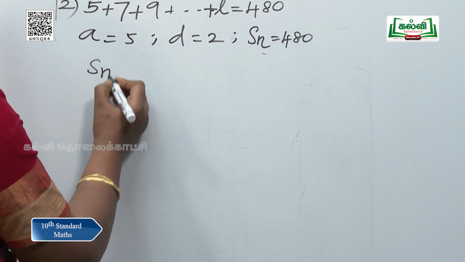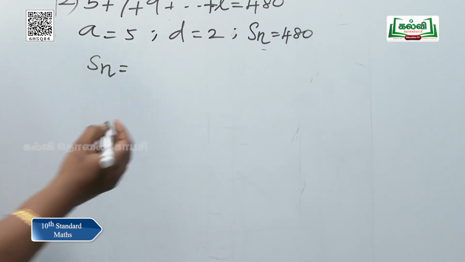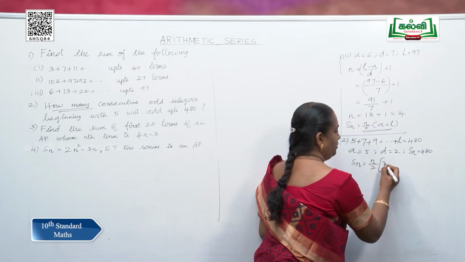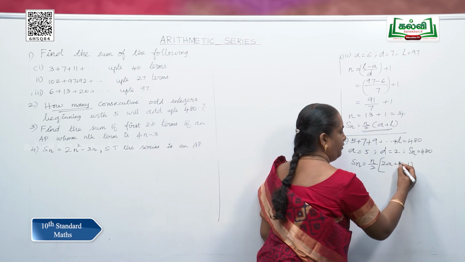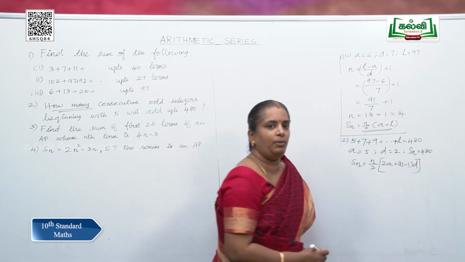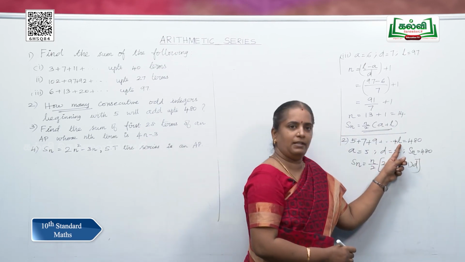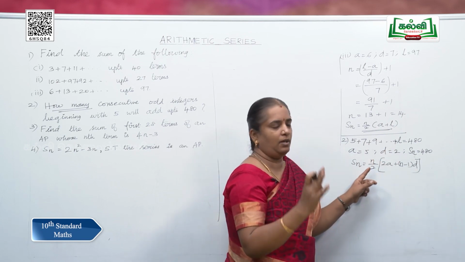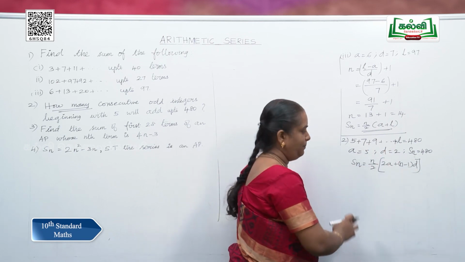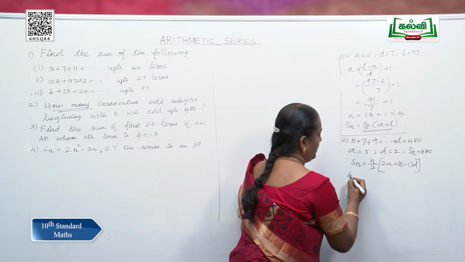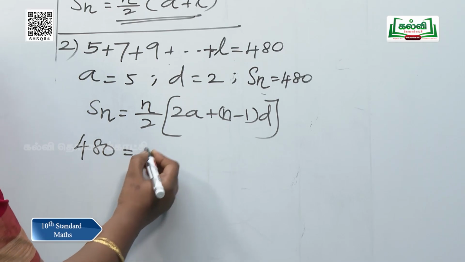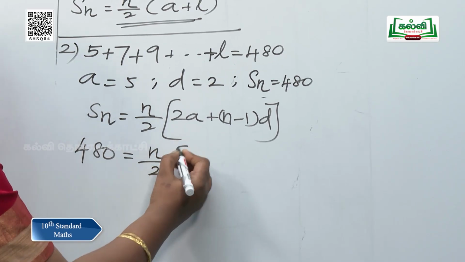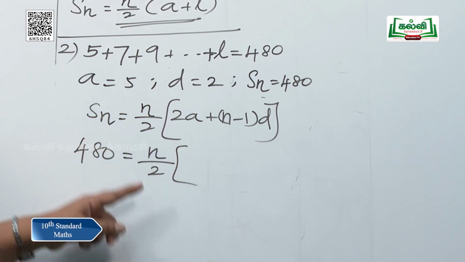What is Sn? Sn is equal to, yes, say the formula, n by 2 into 2a plus (n minus 1) d. While saying the formula, you have to keep in mind whether the last term is there or not. Last term is not there, so we use this formula. So what is Sn? 480, which is equal to, you don't know that n, we have to find that n, so keep n as it is.